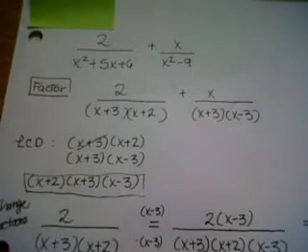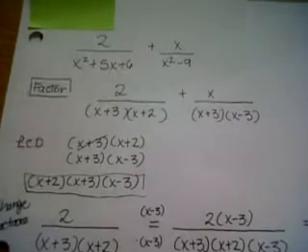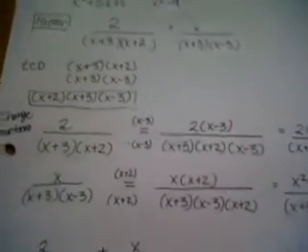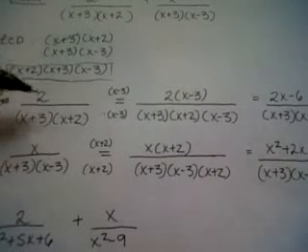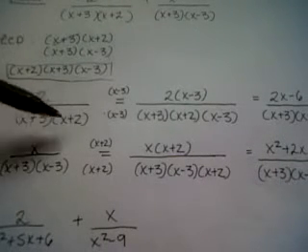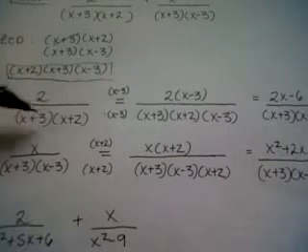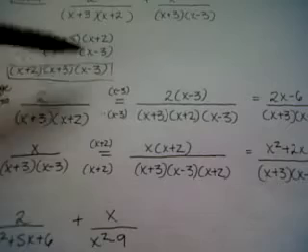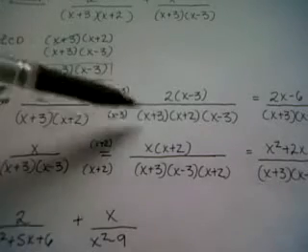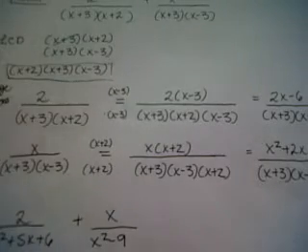So I'm going to take a look at this first fraction here, and I'm going to change that fraction. So I had 2 over x plus 3 times x plus 2. The least common denominator, the part that I'm missing, is the x minus 3. So I need to multiply in an x minus 3 to get that least common denominator for the denominator.